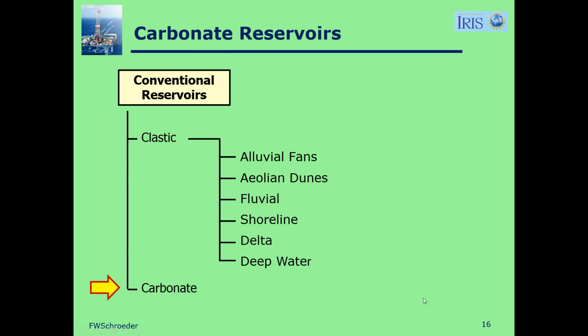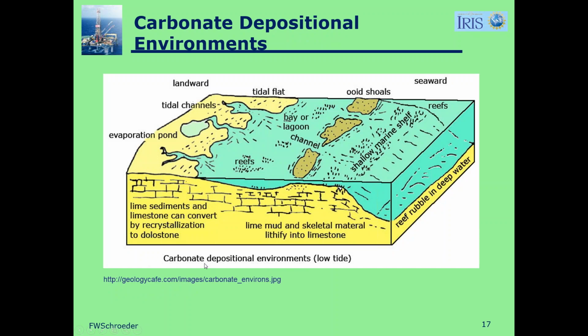We can also, in a conventional field, have carbonate reservoirs. And I could certainly spend a lot of time talking about carbonate reservoirs. I'm just going to use this depositional environment diagram. And so we could have reefs near the edge of the shelf. We could have oolitic shoals.